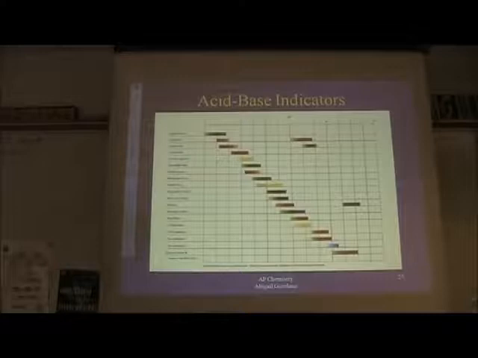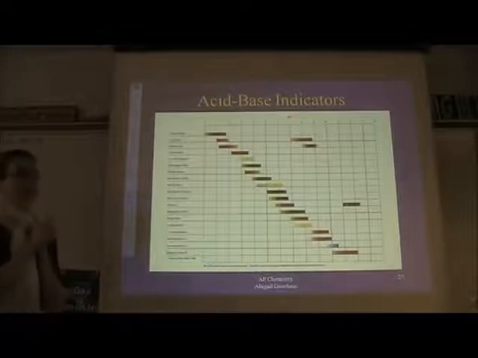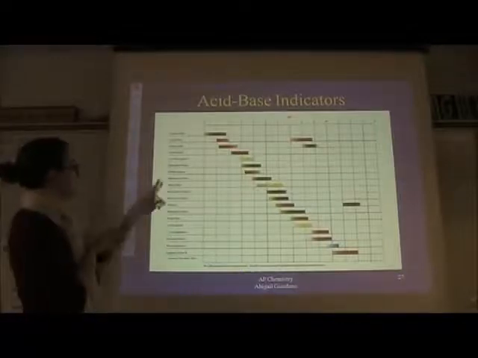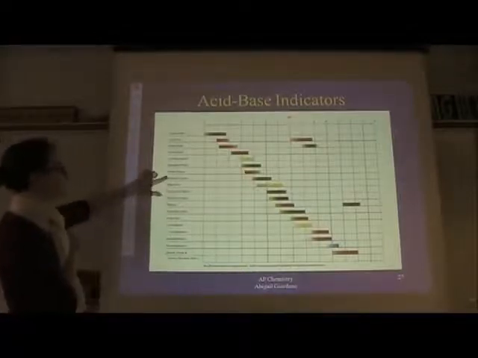So please tell me, guys, going back to the problem we did at the beginning of class today, which indicator, or if there's more than one, which would be a good one to choose for this titration we did in class today? Okay, bromcresol green. What else could you use? Methyl red.